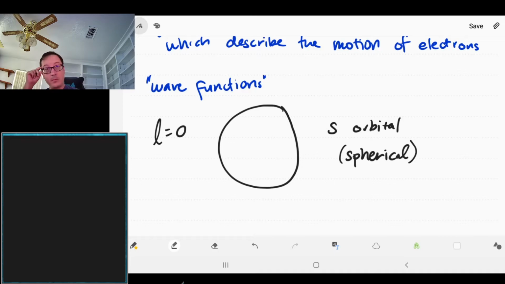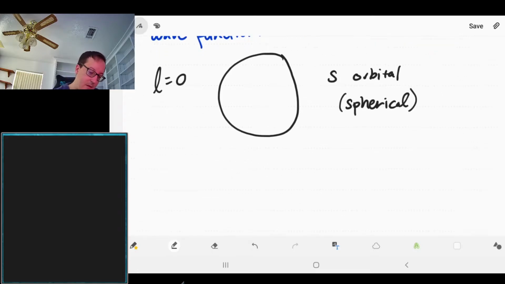Terrible at drawing 3D, but suffice it to say it is a spherical orbital. So the electrons that occupy this orbital are going to be moving in a spherical pattern. They're going to be moving all around, and they're free to go wherever they want. And that's what we get out of the waves that describe s-orbital electrons.